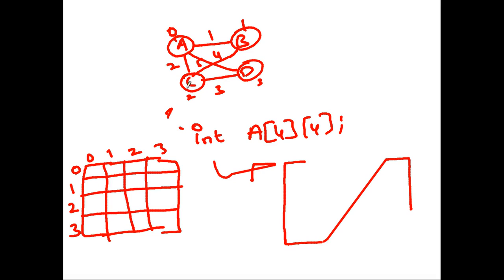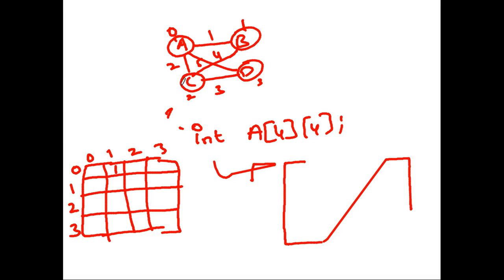Now I have an edge between A and B and the cost associated here is 1. So we assume that instead of A we have 0 and B we have 1. So from 0 to 1 I have an edge and the cost associated is 1 here. Next from A to D I have an edge and the cost associated is 5.